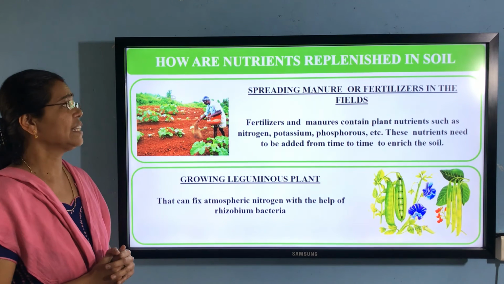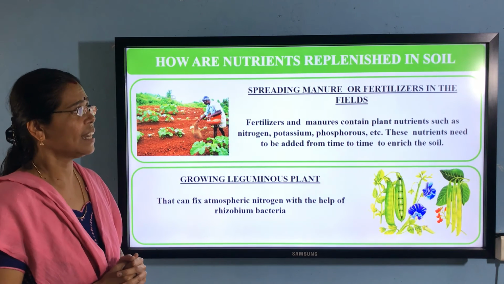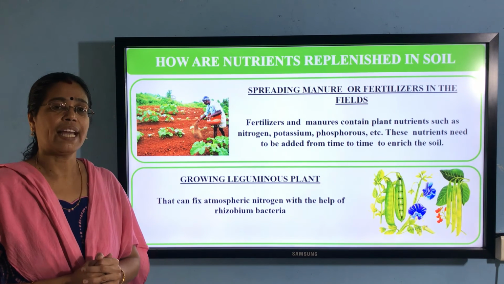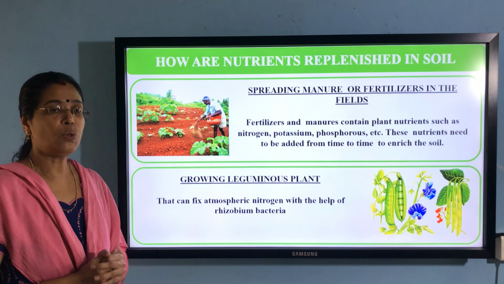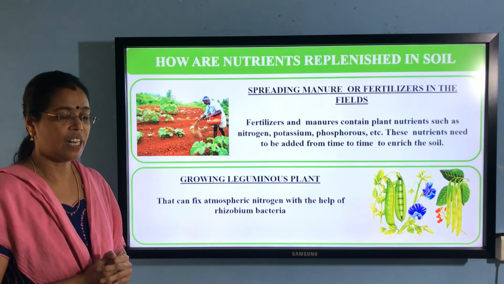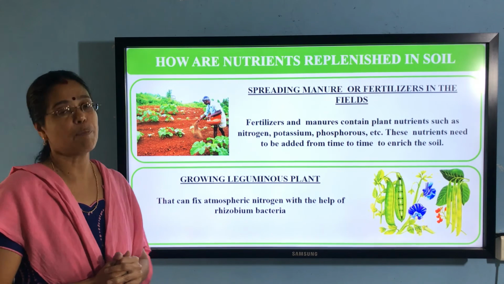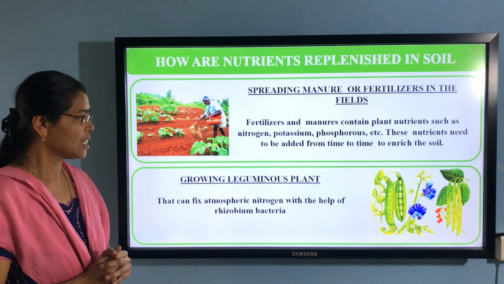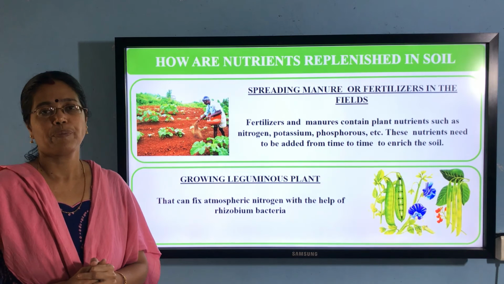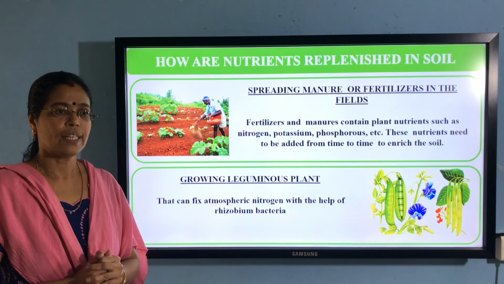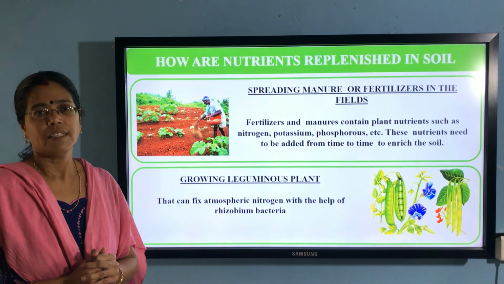The first method is spreading manure or fertilizer in the field. So from time to time we can spray the manure or fertilizer in the field to enrich the nutrient content such as nitrogen, potassium and phosphorus. The next method is growing leguminous plants. You know that leguminous plants contain root nodules, in which rhizobium bacteria are there.